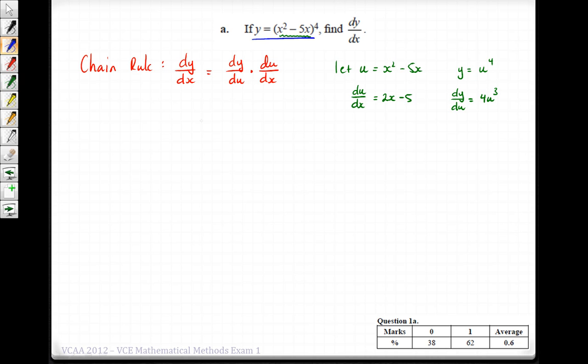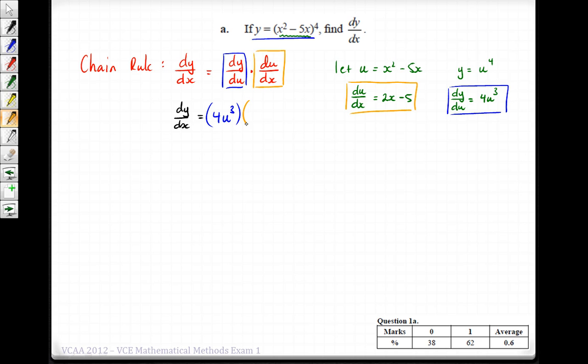So completing the chain rule, we're just going to get that dy/dx is equal to, alright, so let's get dy/du. That's this guy here, so 4u cubed. And then we're just going to times that by our du/dx in the orange, so du/dx is 2x minus 5.